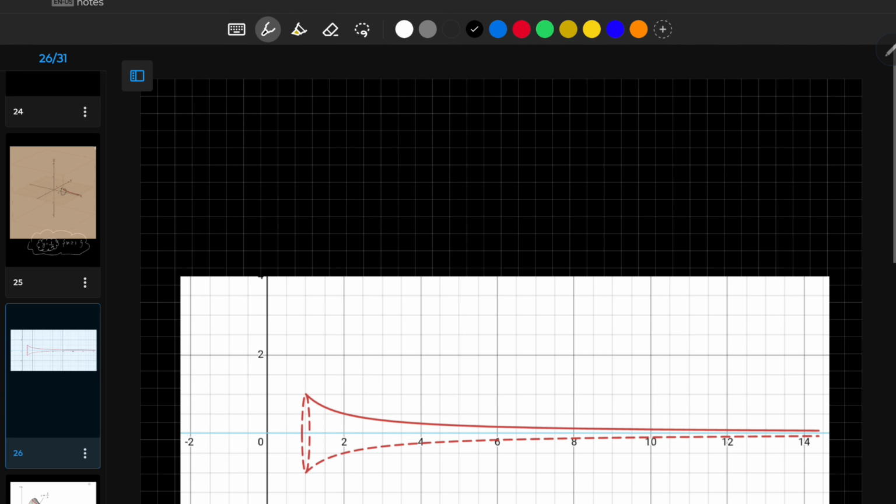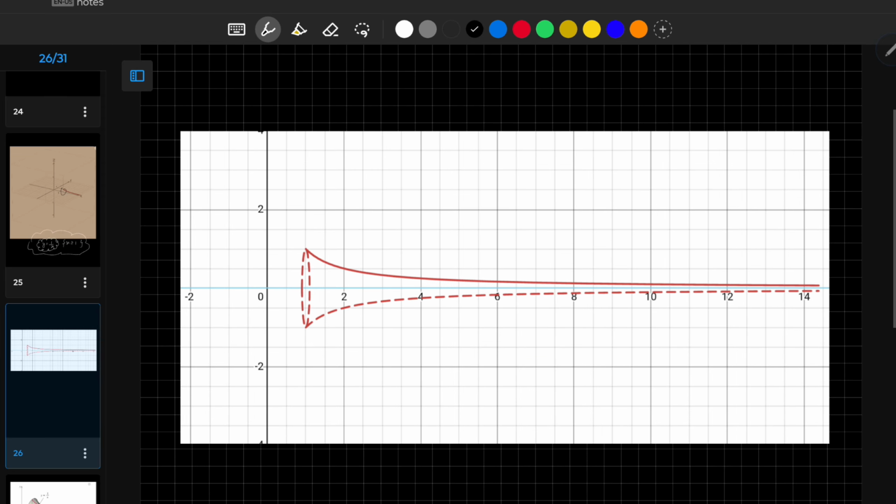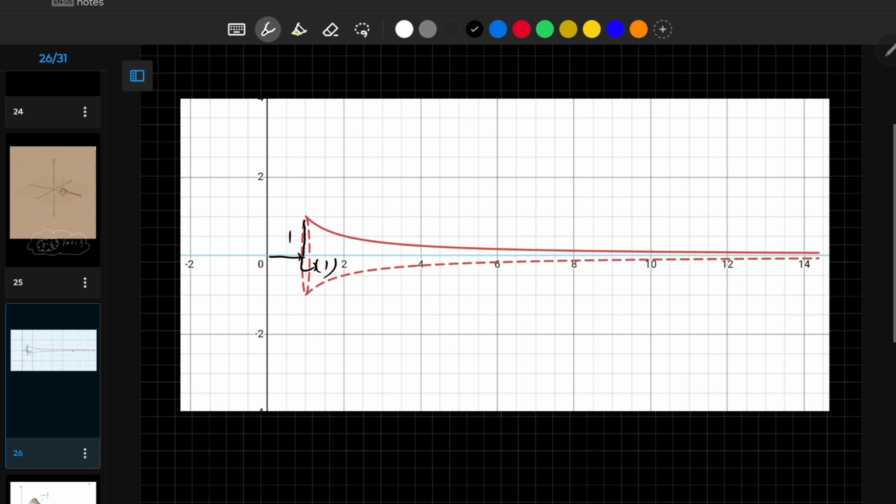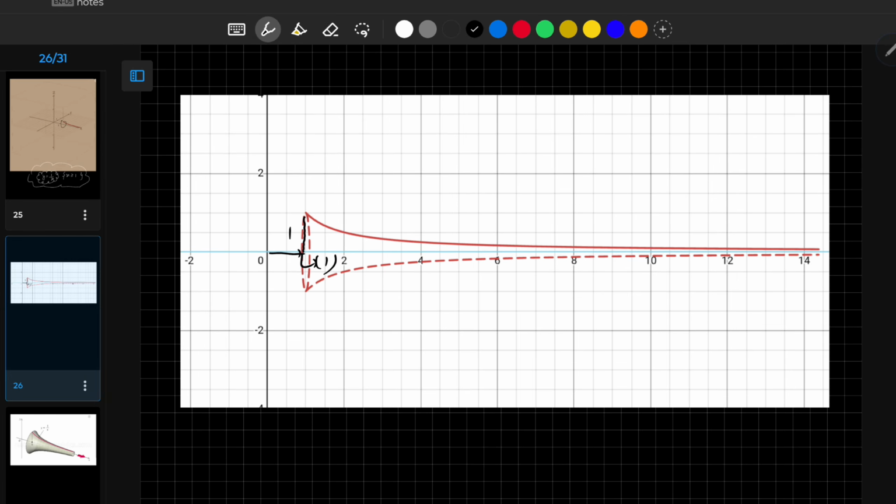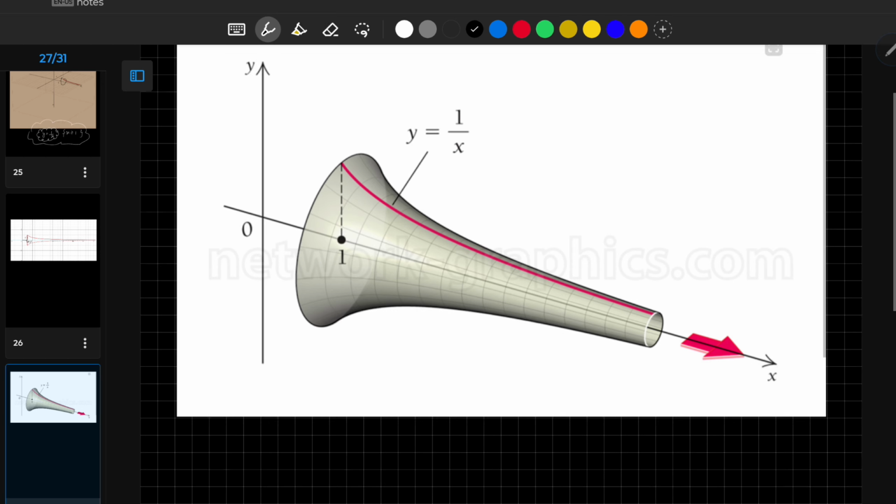It will look like this. It is 1 meter high, and it is 1 meter away from the origin. If we look at the complete 3D model, it will look like this.